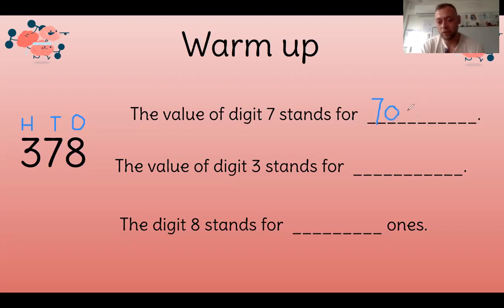Or we could have said 7 tens, because it's in the tens column, isn't it? The value of digit 7 stands for 70. Because hiding behind this 8 here is that 0, isn't there? So 70, which is 7 tens.